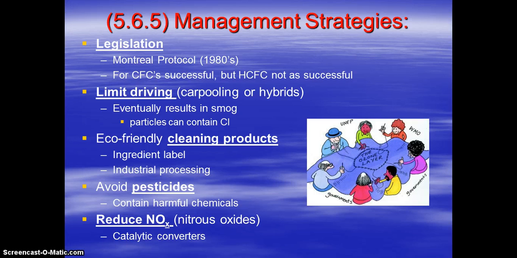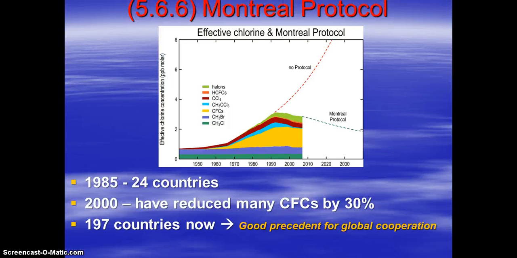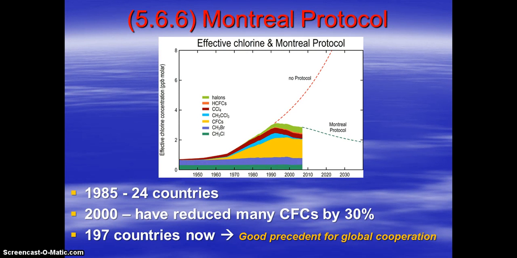And let's just reduce NOx in general, because NOx is also going to be a part of smog. Lots of really good management strategies. And rocket launches just have tons of propellants, right? That's CFCs galore.